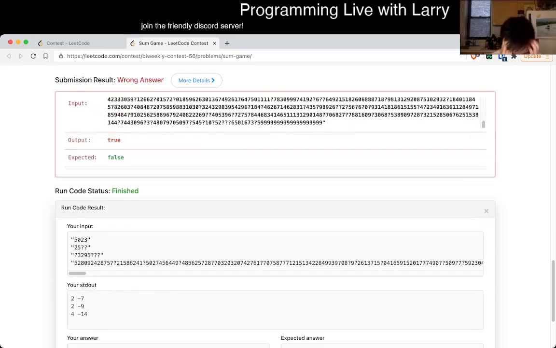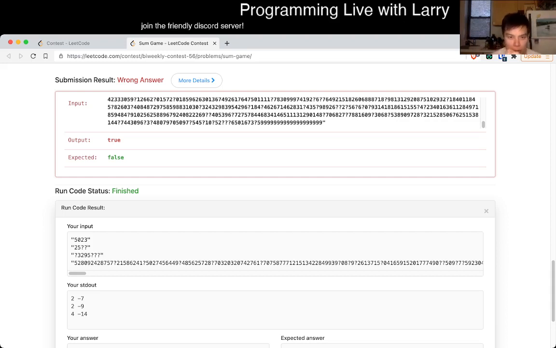And the question is, how do I do it? I mean, you have to do it recursively, right?